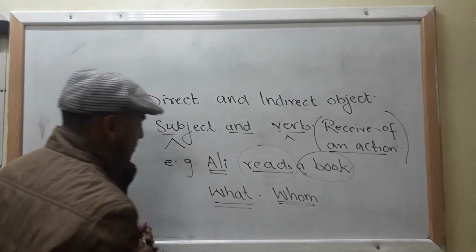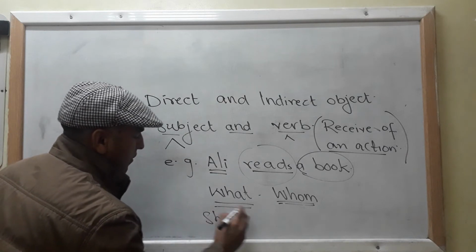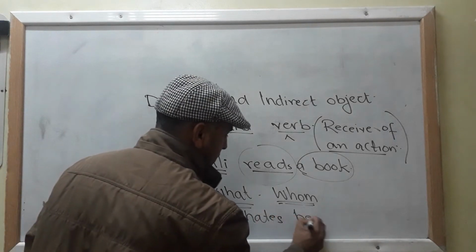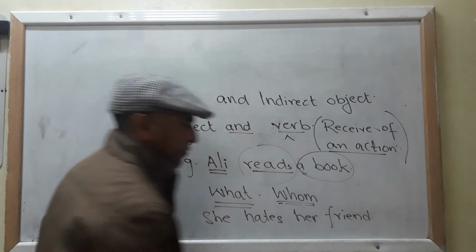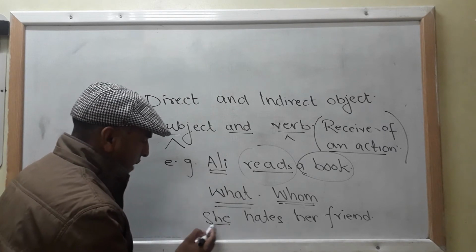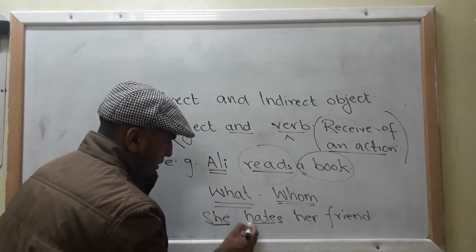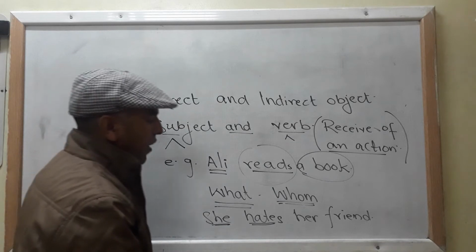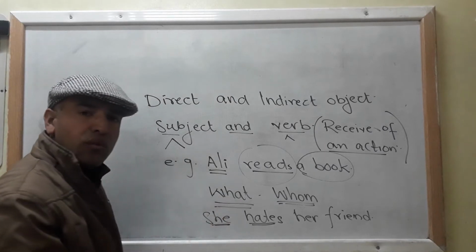Clear? Example number two. She has her friend. Now again, first of all, subject she, because doer of an action, has, clear, verb itself. Now you can ask a question to yourself. She has, what does she have?